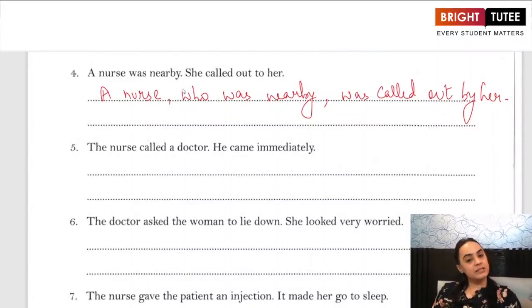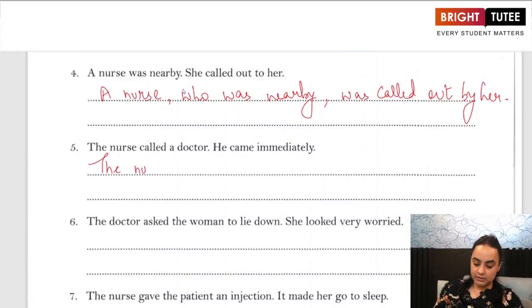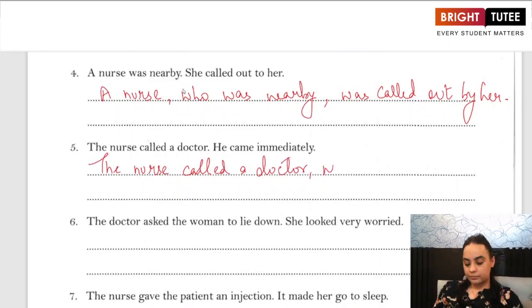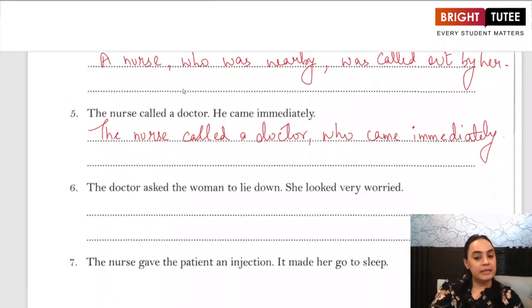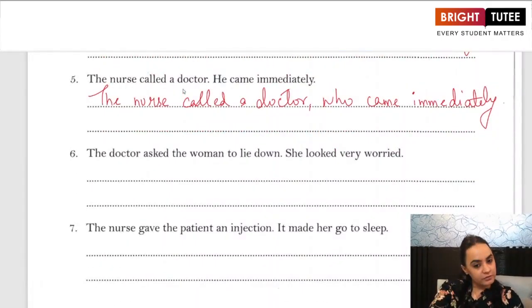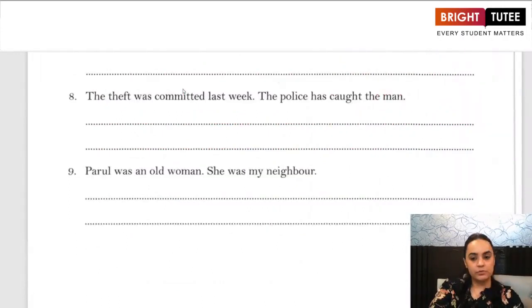He came immediately. So, the nurse called a doctor who came immediately. Alright? So this way you can complete the rest of the sentences as well using a relative pronoun.